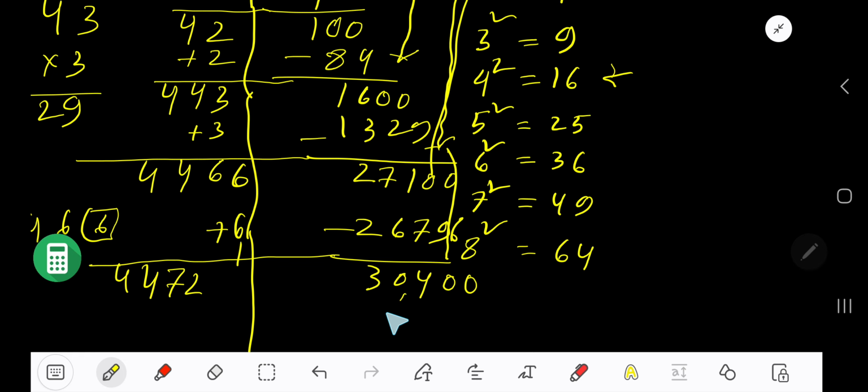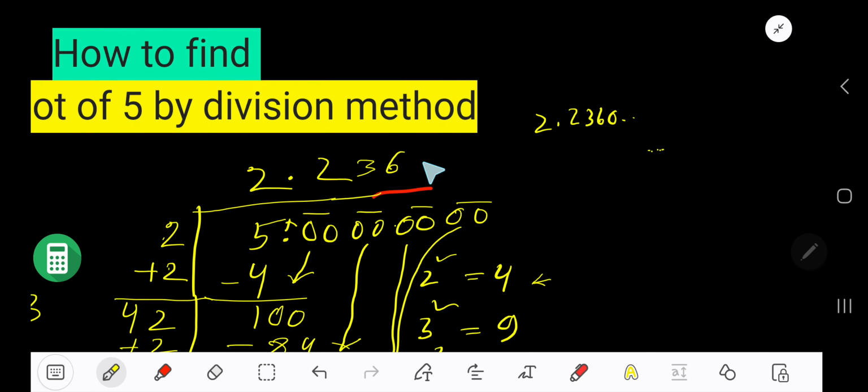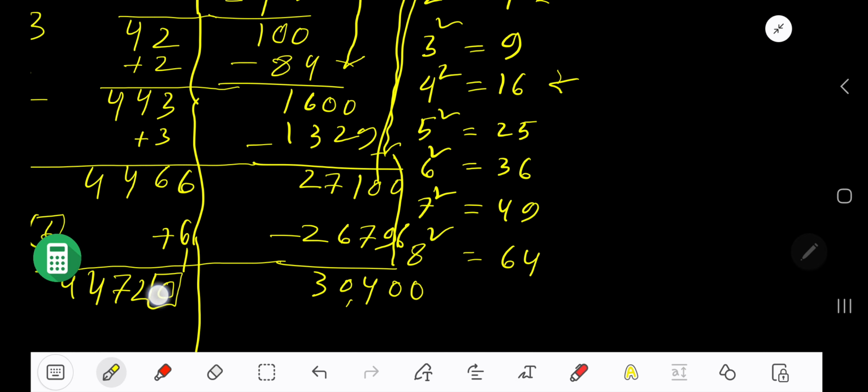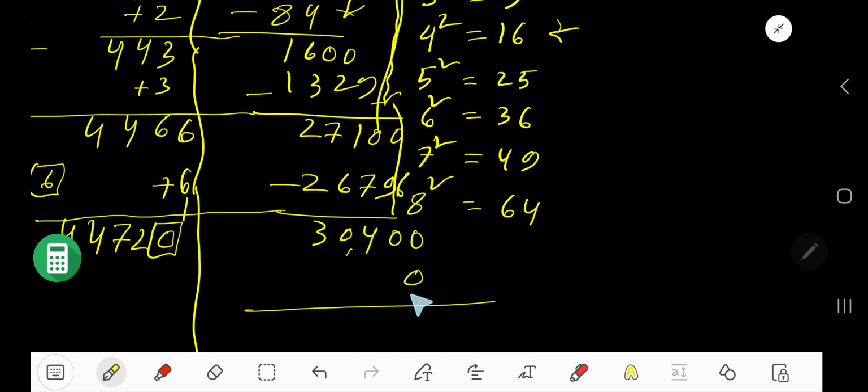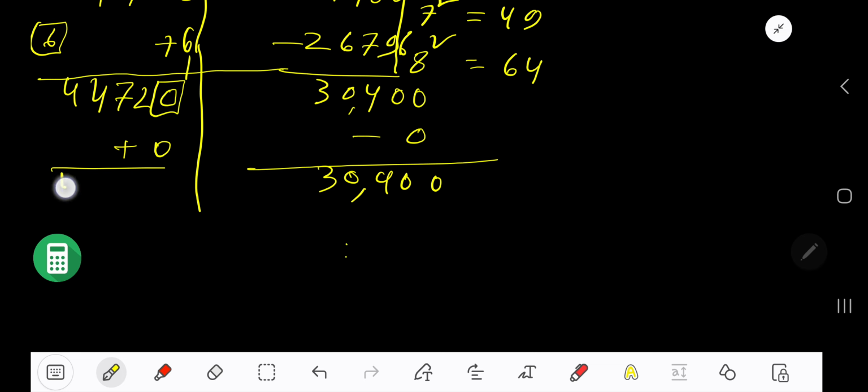Look, this is 30,400, but if you take just 0 here, that will be 44,000. So actually this will be bigger. So take 0 here, times this, which will also be 0. Subtract, you are getting the same thing. Add 0 here, so you are getting this.